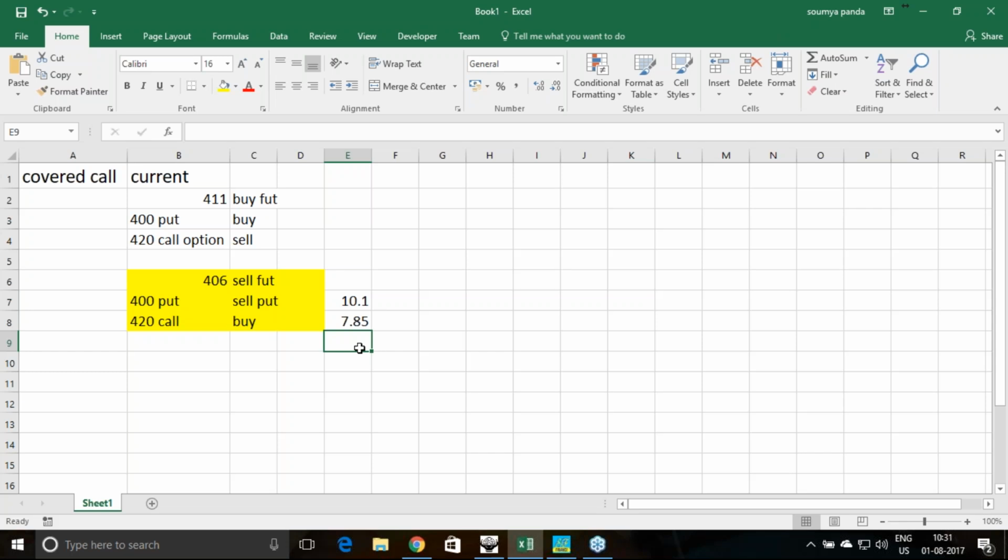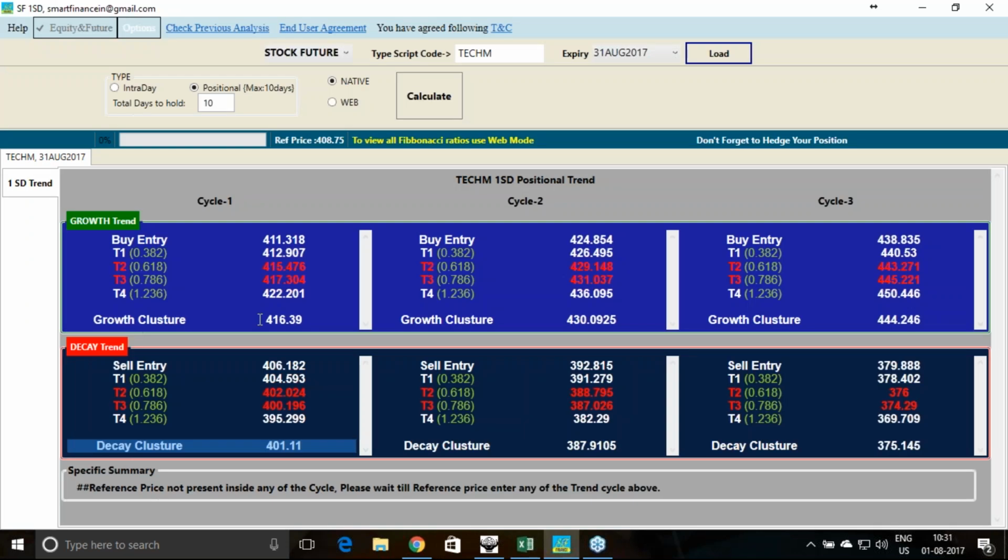So when should I put a stop loss and come out? Once the price goes above your level of 416.4, say once it is entering 417, 418, you can also look at this pattern.